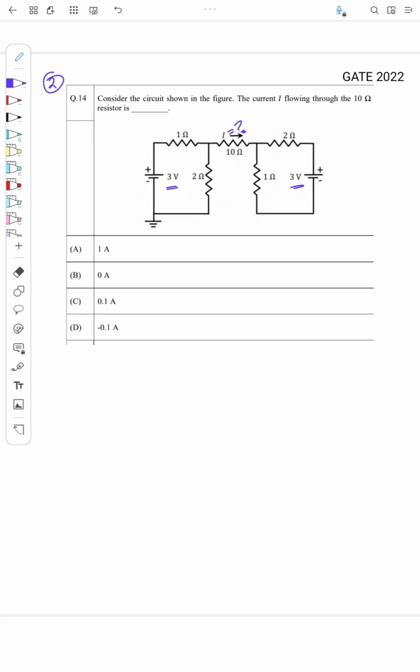So I will take source 1. This is the ground and 3 volt, 1 ohm, 2 ohm, and I have a 10 ohm resistor here.